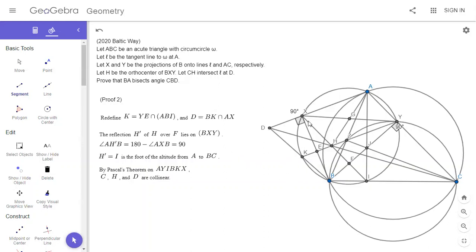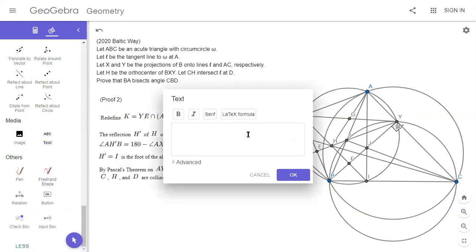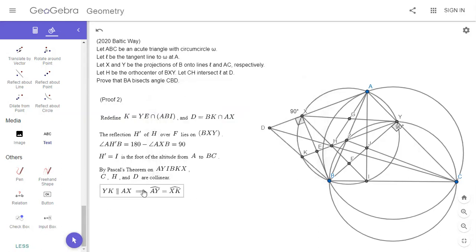But then it's easy to see from here that, I'm just thinking the best way to write it out, but basically YK is parallel to AX. So arc AY is equal to arc XK. And so that means angle KBX is equal to angle YBA.